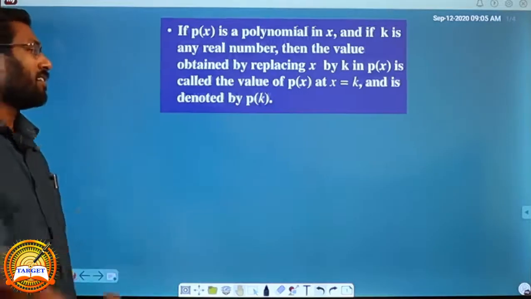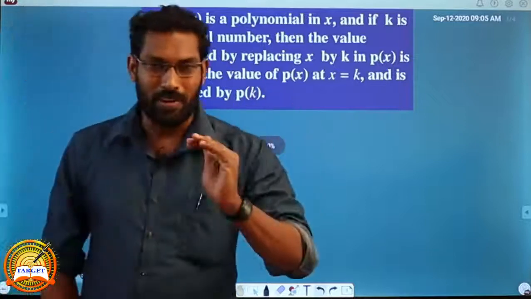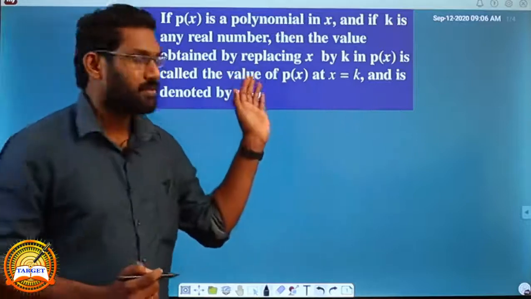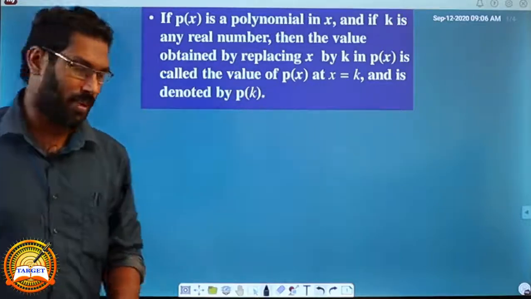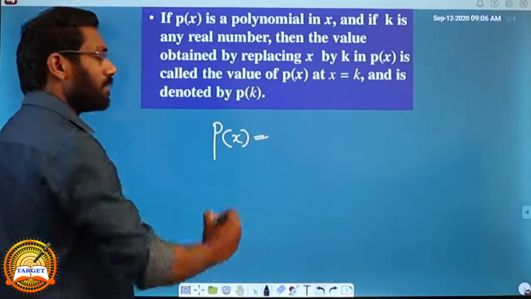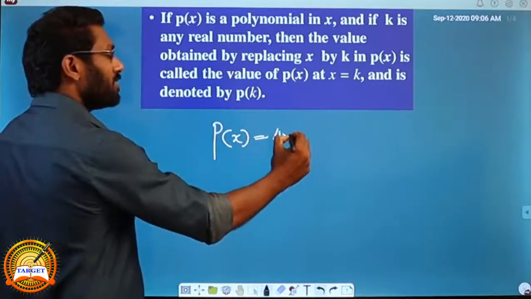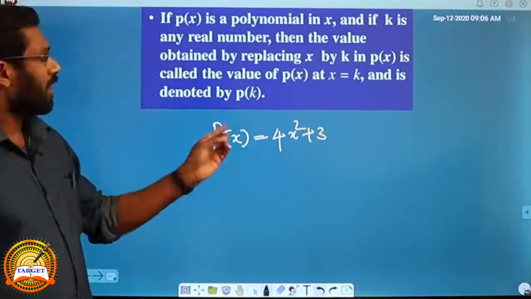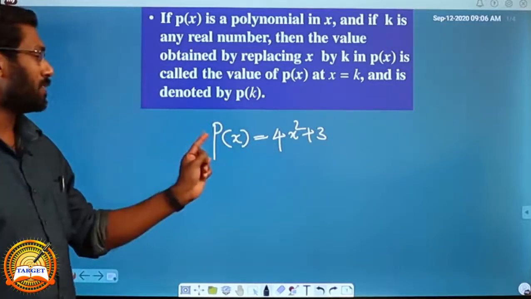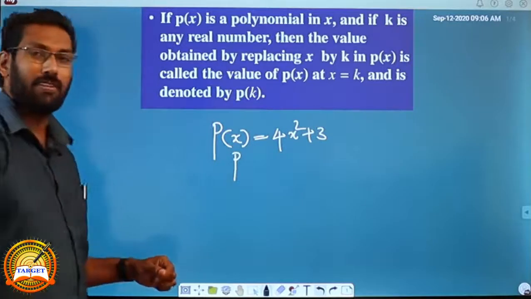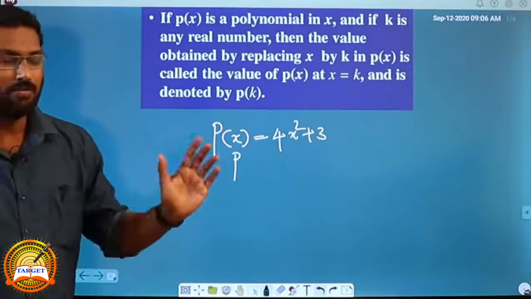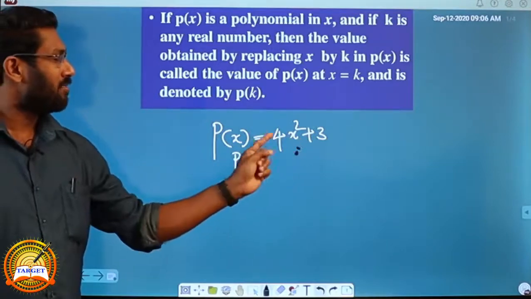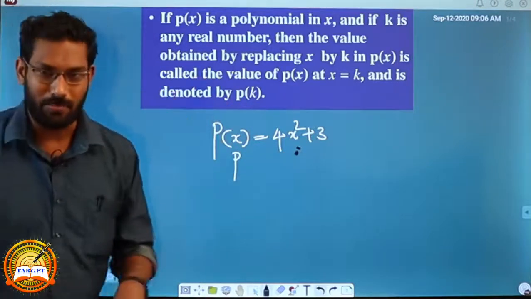I will explain this concept with the help of an example. Listen here. You can clear this idea with the help of this example. P of x is equal to 4x square plus 3. Suppose this is a polynomial in x. So I am going to find the value of this polynomial. How can I find it? We can find the value of the polynomial by replacing the variable by a constant number.